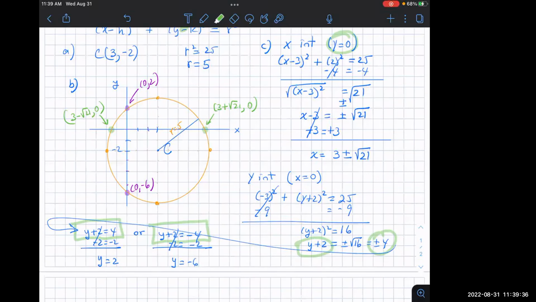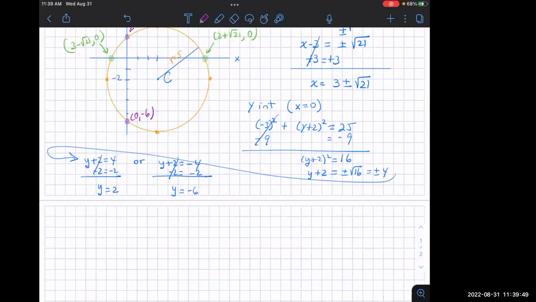So it wouldn't have to be y equals negative 2 plus or minus 4? Okay, yes, you can do that too. Or you can say y plus 2 equals plus or minus 4, so you subtract that 2 on both sides. Yes, you can do that: y equals negative 2 plus or minus 4.